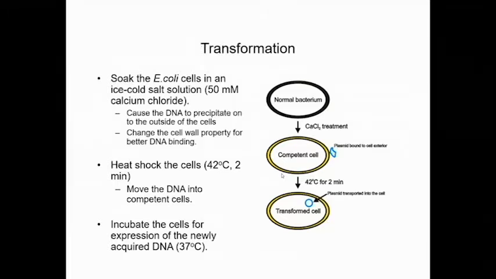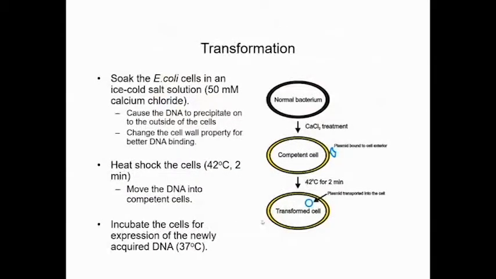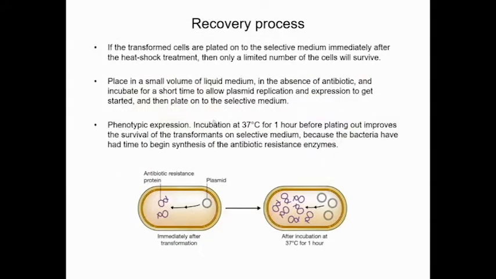Of course, when we normally perform this process in the laboratory, we also have to do the recovery process after the transformation, after the heat shock. That's the recovery process that we discussed yesterday. That's the reason why we need a selectable marker in the vector, because the selectable marker helps us identify which cells took up the DNA.